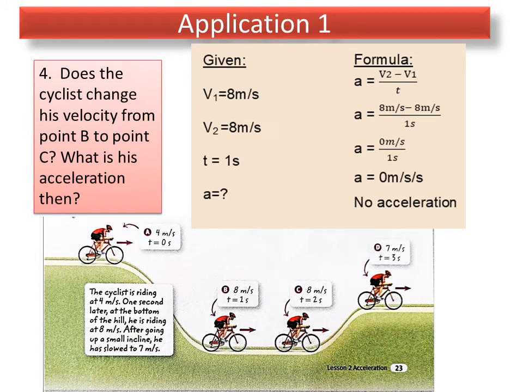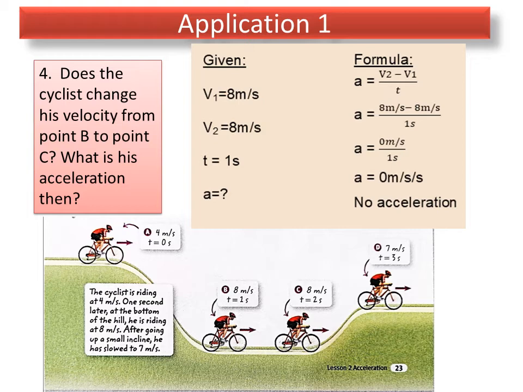I want you to solve it. V1, we will take it given, at position B, is 8 meters per second. V2, the final velocity, is also 8 meters per second. If you look at the time, at B it was 1 second, at C it is 2 seconds, so the time needed to reach C is 1 second. What is the acceleration?